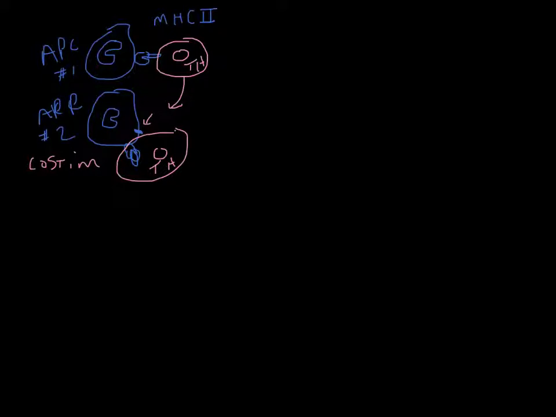Co-stimulation is when the helper T that we start with up here moves down and finds another APC that has the same antigen displayed, and it will recognize that second one.